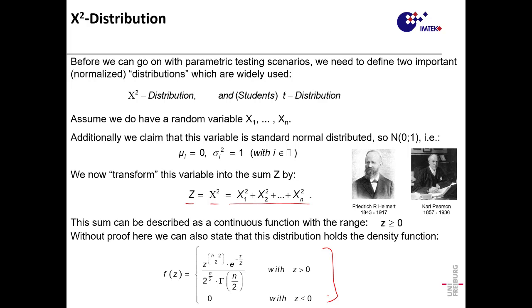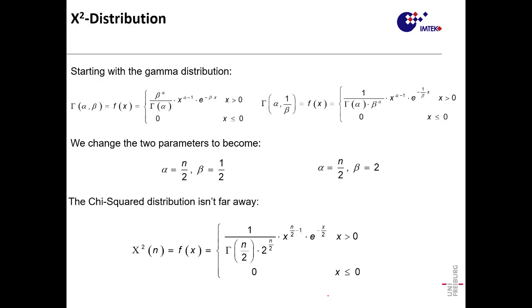And believe it or not, this is the formula for the density function of the chi-square. It comes from the gamma distribution, which we saw 2, 3, 4, 5, 6 weeks ago. I don't know if you remember. First, remember that the gamma distribution is defined differently here in Europe than in the USA or Britain.